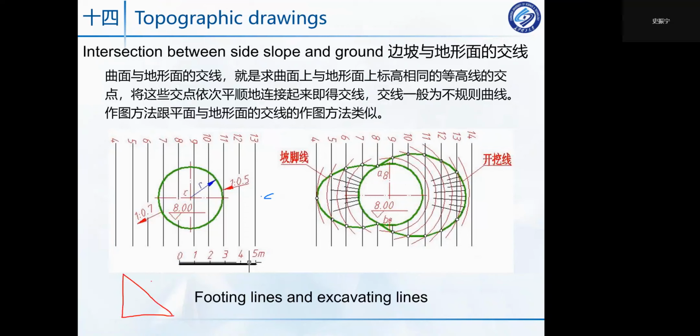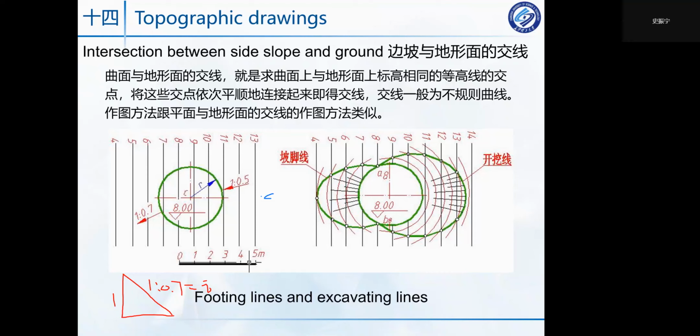Okay, you can see this one is 1 to 0.7. The slope is equal to the slope, and the difference of elevation of each contour line is 1, because you can see there is 5 to 6, the difference is 1.